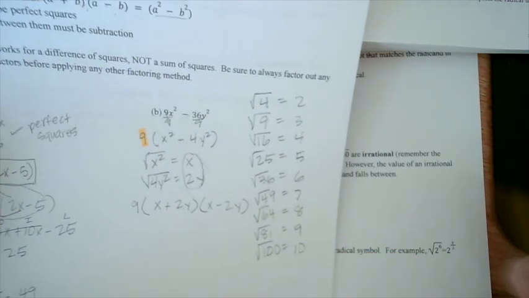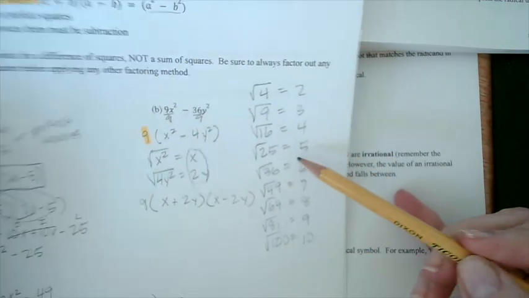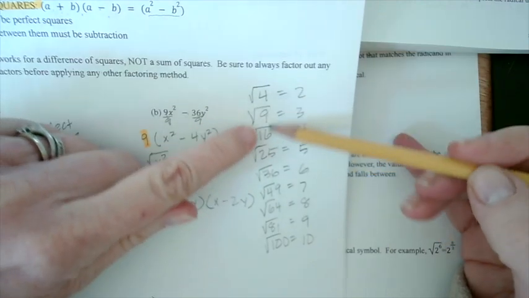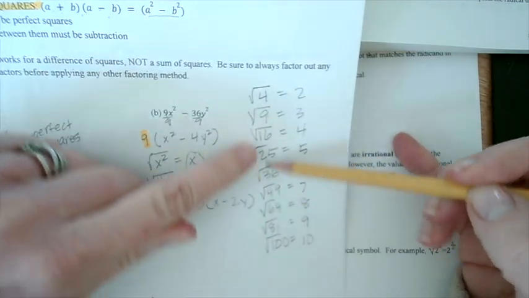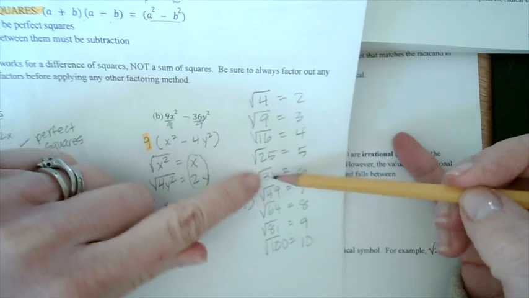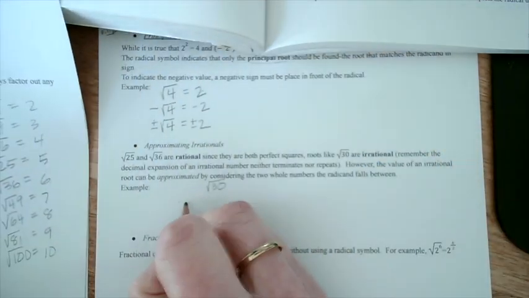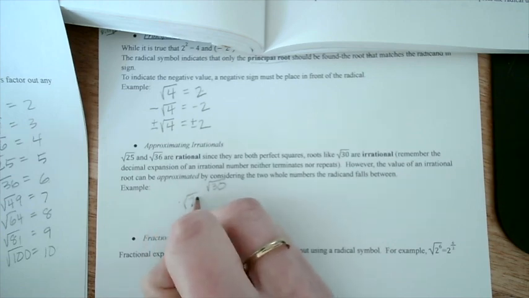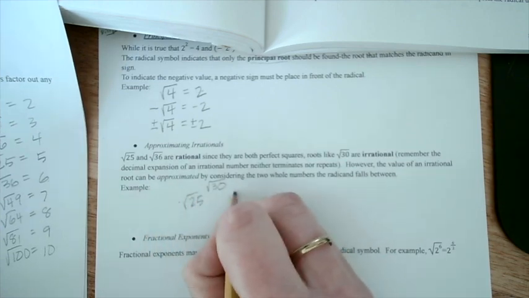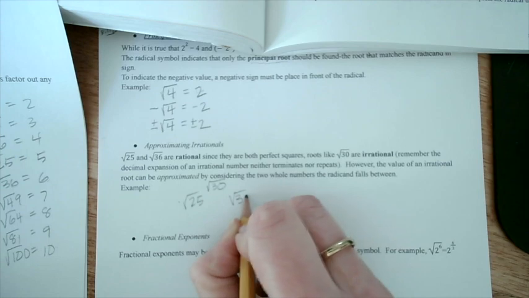If we're going to have 30 here, where would 30 fall in between? 30 would fall right here in between these two, right? So it's going to fall in between the square root of 25 and the square root of 36.